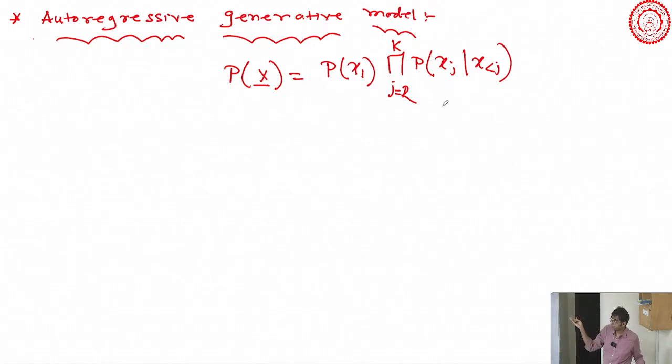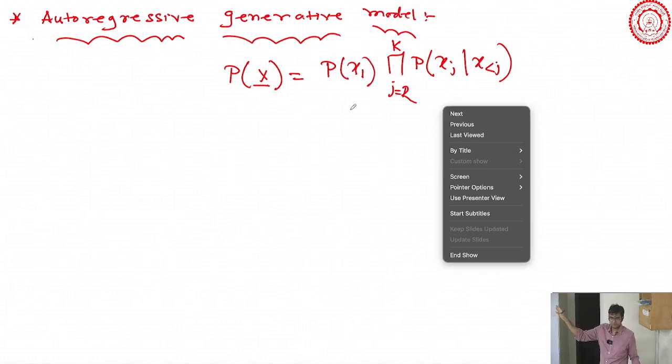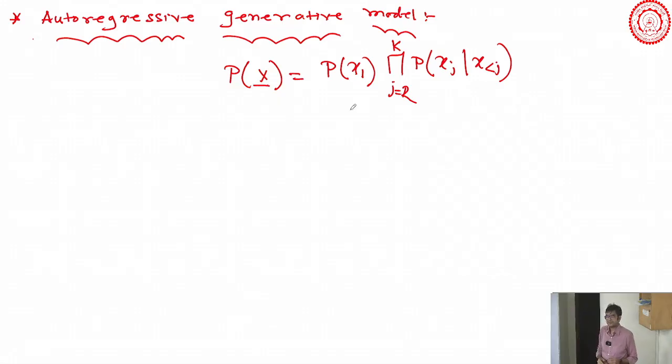Now, not all autoregressive models, I should write continuous autoregressive model. So what I'm talking about now is not the categorical autoregressive model. I'm only talking about the continuous variant of the autoregressive model, where the P of x1 comes from a Gaussian.